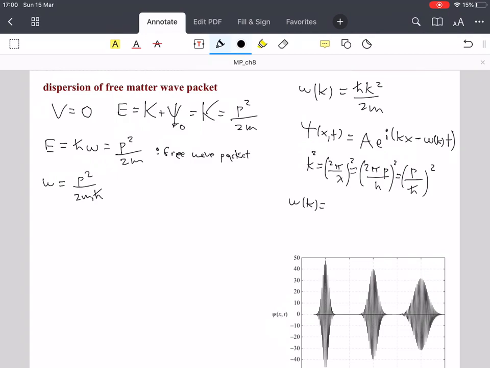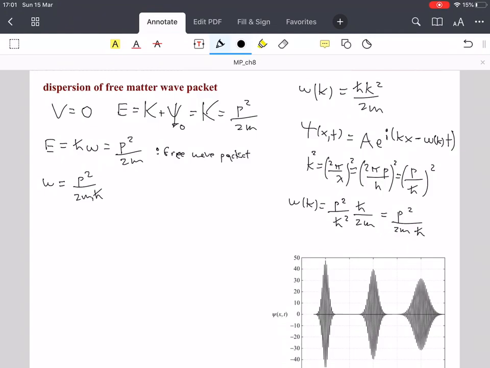So that now becomes p squared over h bar squared, and in this given relation we also multiply that by h bar over 2m, and we see that this now gives us the same relationship that we saw over here when we wrote this in terms of the kinetic energy, which was just this p squared over 2m multiplied by h bar. So we have consistency.